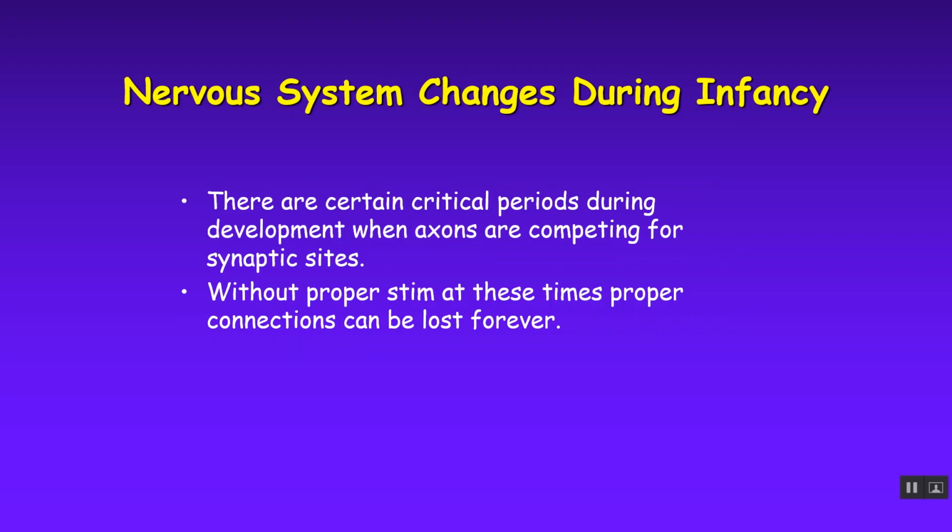Some things about nervous system changes during infancy: there are critical periods during development when axons are competing for synaptic sites. Proper stimulation at this time is very important. So when you've heard about kids in Russian orphanages who got very little appropriate, structured stimulation during those first 3 years, people bring them over and adopt them, which is awesome.